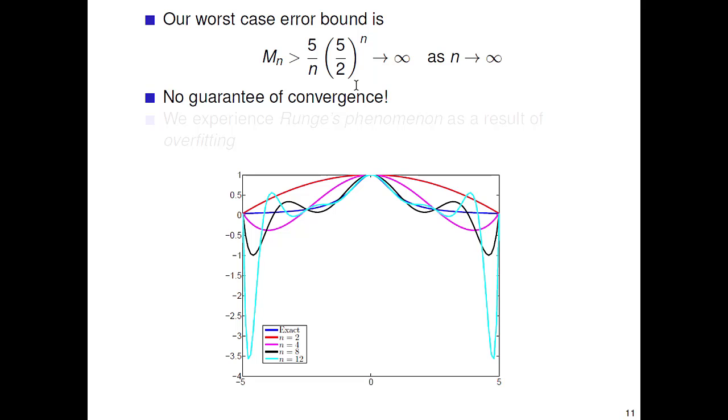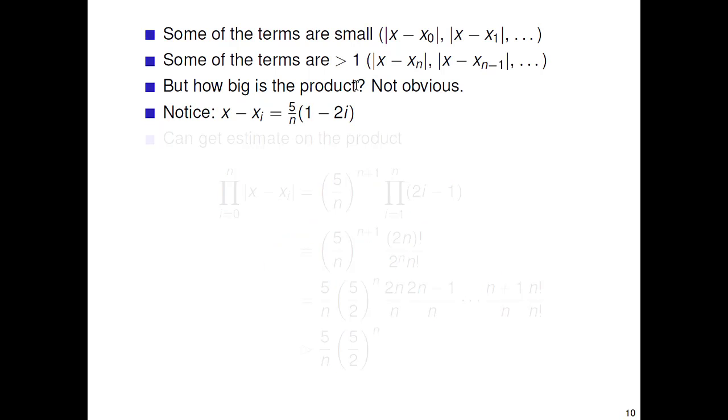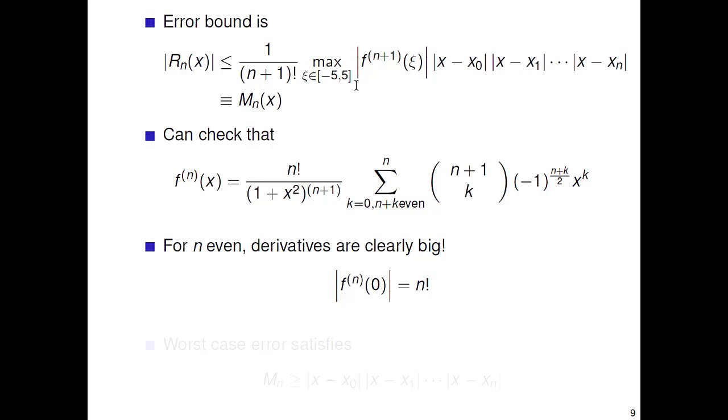So what was happening? Even though our error bound, here it was, has an n plus 1 factorial in the denominator, which obviously goes to 0 as n gets big, we unfortunately have some things that don't get small. So we had this derivative that gets large.